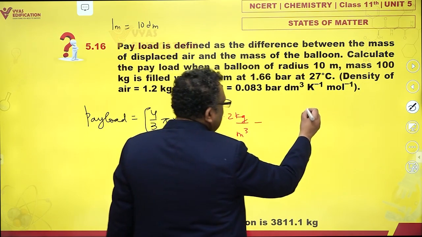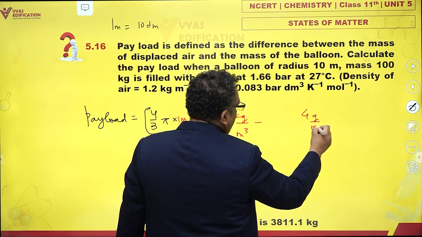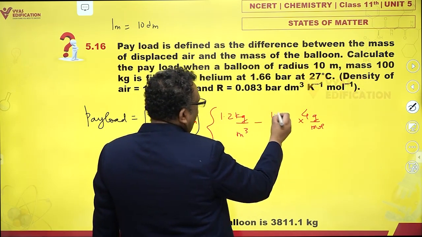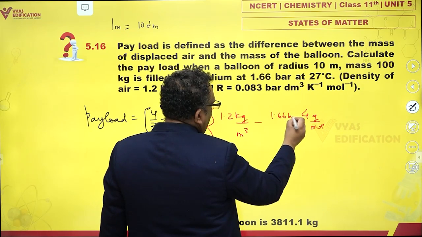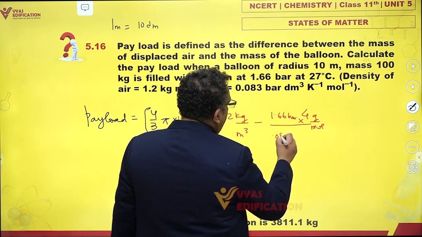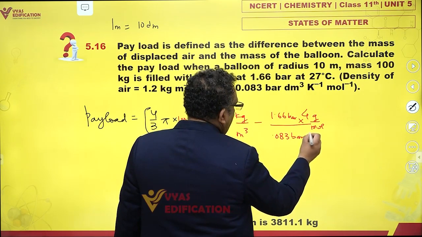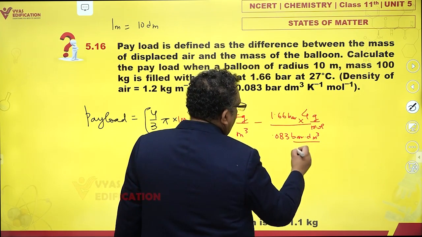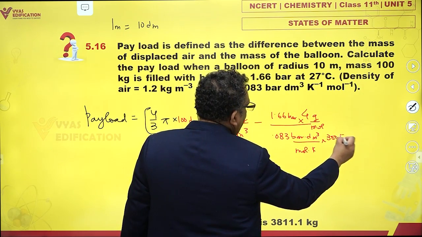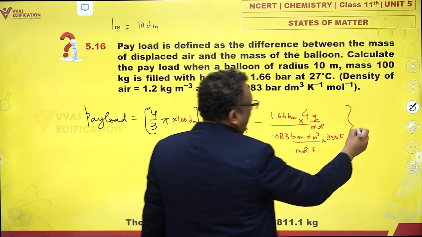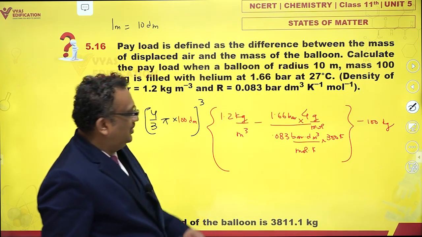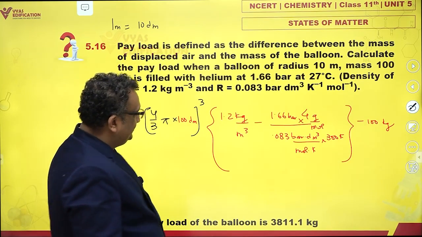Molar mass of helium is 4 grams per mole. Pressure of helium is 1.66 bar. Divided by RT, R is 0.083 bar decimeter cube per mole Kelvin, into temperature is 300 Kelvin. Minus mass of balloon, which is 100 kg. Let it continue. Let's watch the fun.